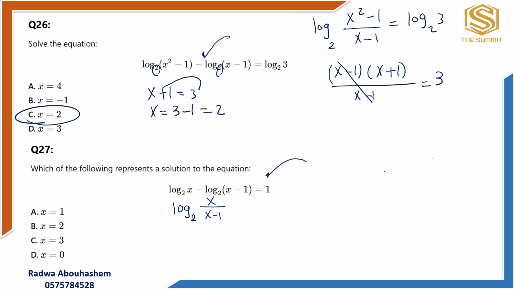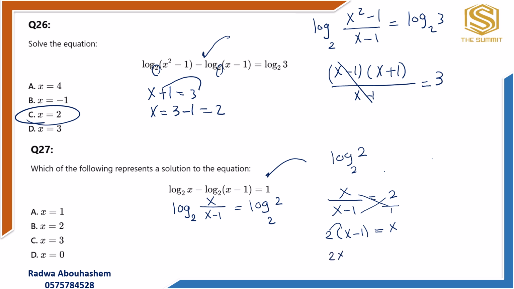So the base here is 2, so I will just put 1 as log base 2 of 2, okay? So log 2, 2. So this means that x over x minus 1 equal to 2, cross multiplication. So 2 times x minus 1 equal to x, multiply to x minus 2 equal x, transpose. So x equal to 2.